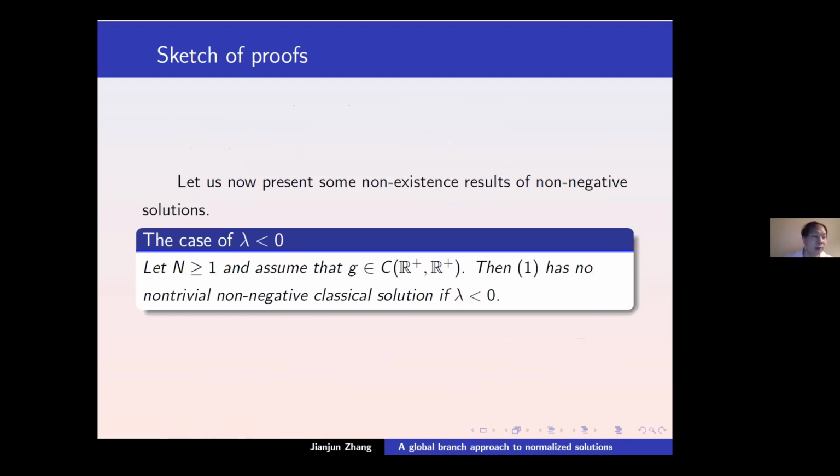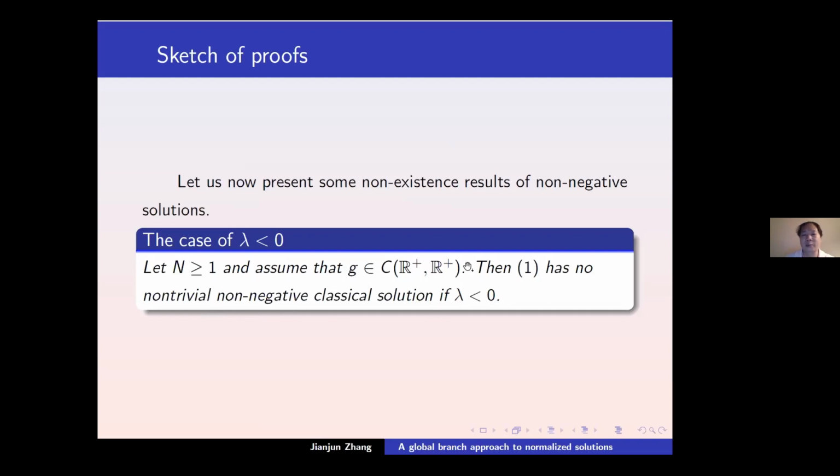So to show this, first we consider the normalized solution. We just need to consider the case of lambda positive, because for lambda negative, the problem has no non-trivial, non-negative classical solution.